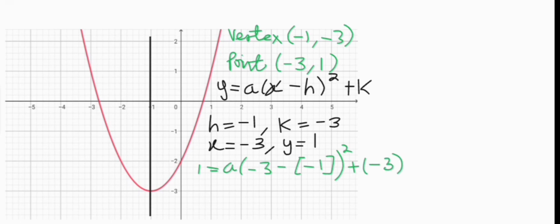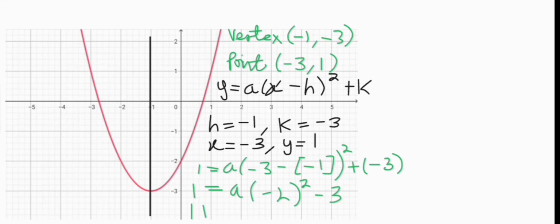This is done in order to find the value of a. Simplifying further, we have 1 equal to a times -3 minus -1, which is -2, squared, minus 3.